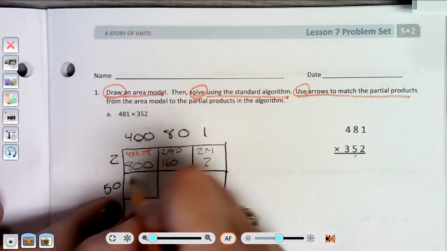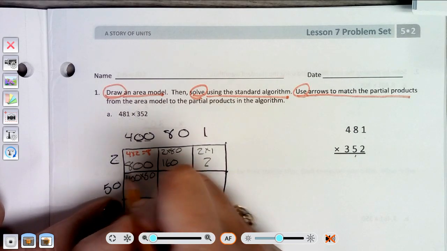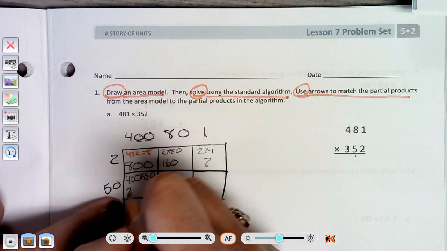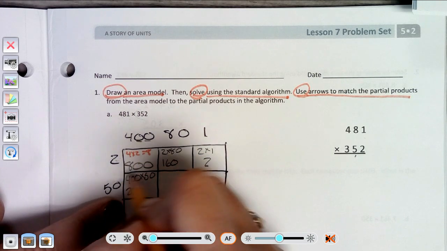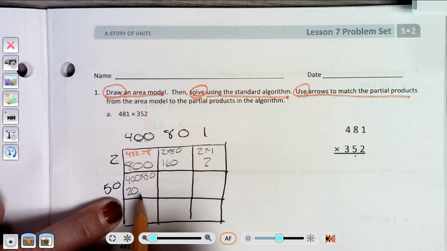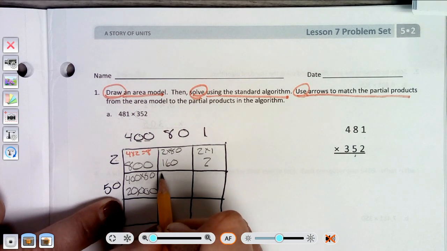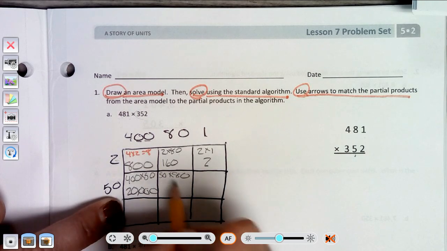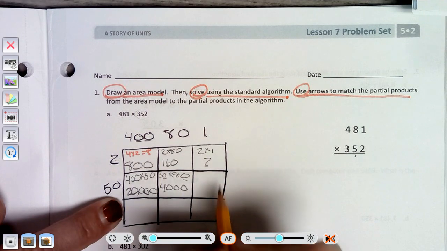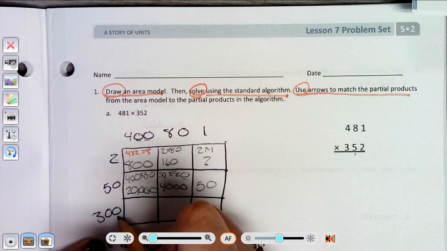This is 4 times 5, or 100 times 50, right? But really the basic fact is 4 times 5. There's that trick one. That's 20, but I need to put back on 1, 2, 3 zeros. So it's really 20,000. Okay, this one is 50 times 80. 5 times 8 is 40. 1, 2 zeros back on. 50 times 1 is 50. 400 times 300.